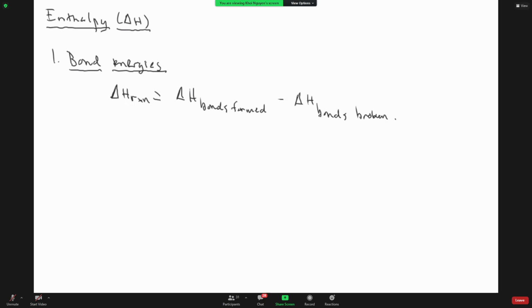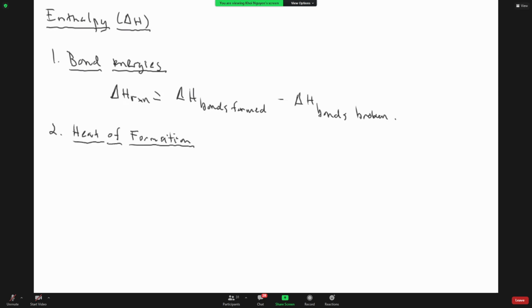The way that they did it through tables at standard temp and pressure, they gave you what we called heat of formation. And so the MCAT can still give you tables of heats of formation for certain types of bonds.